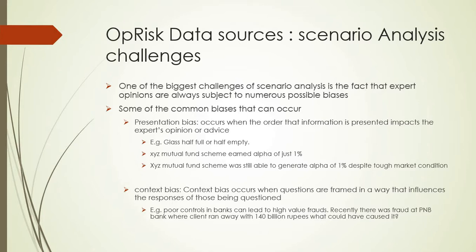The way this question has been put, or the context in which it has been put, matters. If this question was asked to an expert independently, that Punjab National Bank faced this fraud, what could be the cause, then the expert would have thought about government regulation, that the government was not able to catch that person at the airport, or there were shell companies, money laundering, there could be anything.